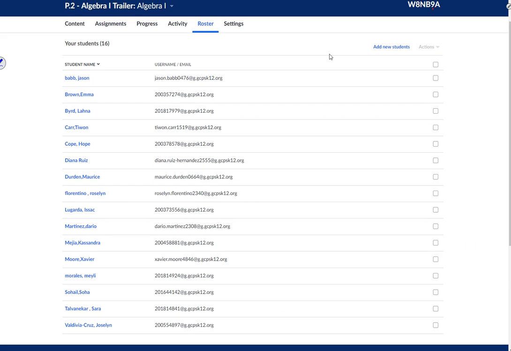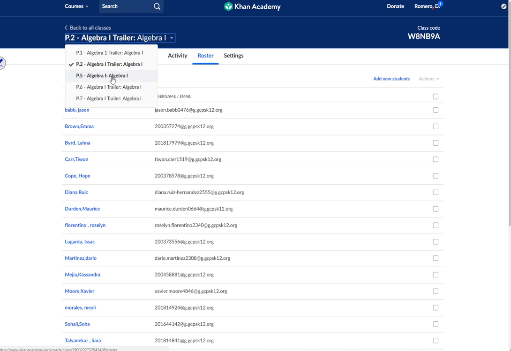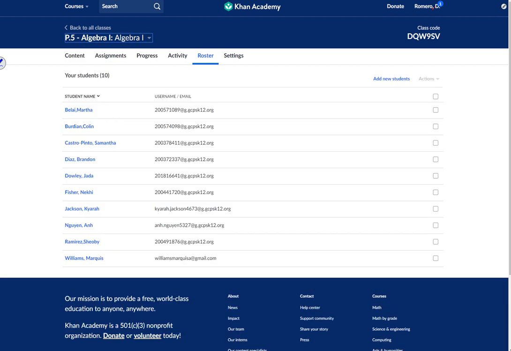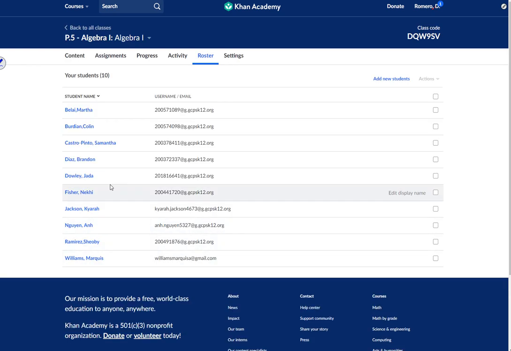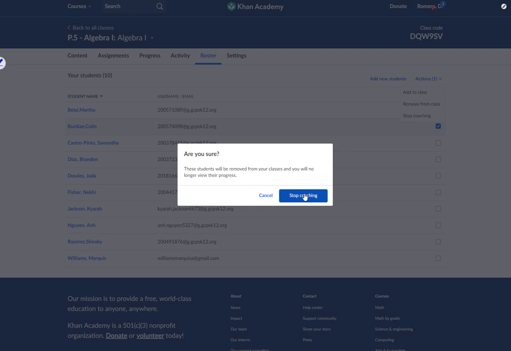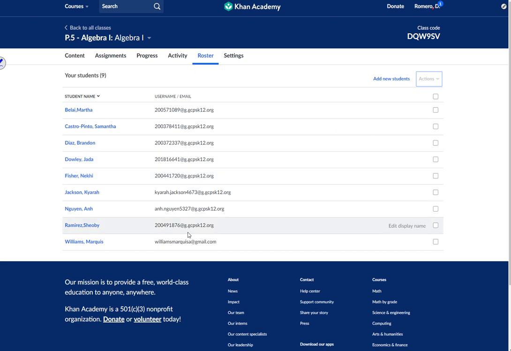Then, once you get into Khan Academy, I can now go to 5th period and refresh this. If you're not listed here, you're not in my class yet. These people are already in my class.